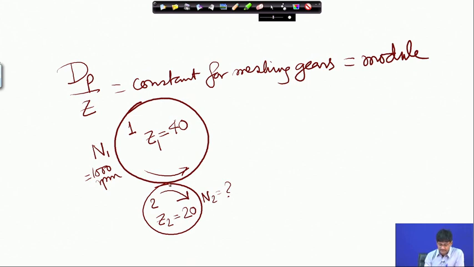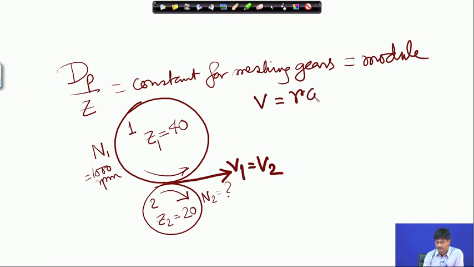We first of all say that, as we observed last time, this particular velocity is shared, V1 is equal to V2. If V1 is equal to V2, V is nothing but R omega.